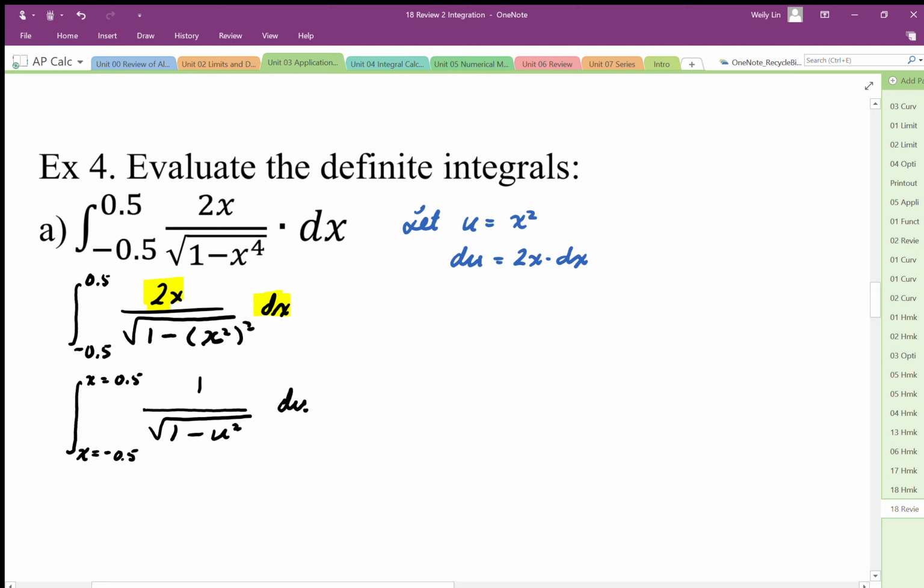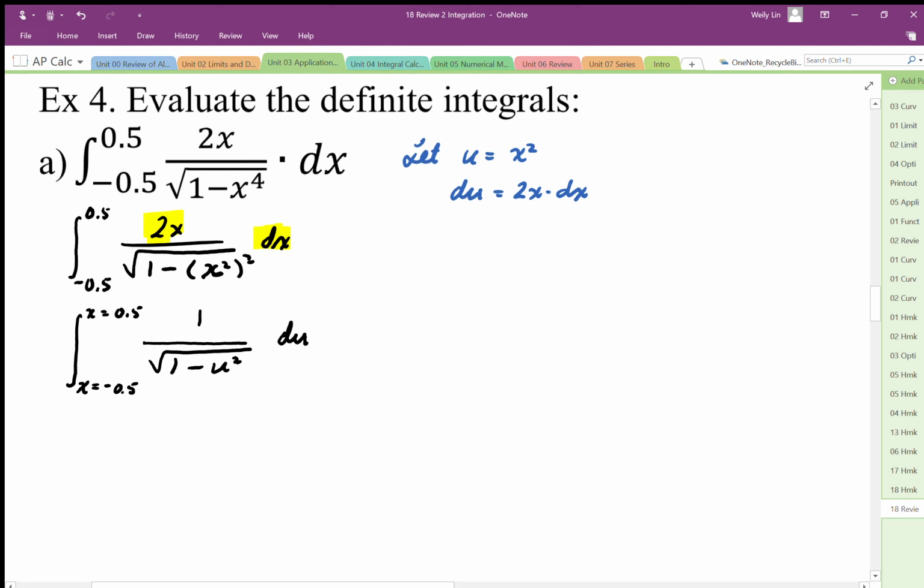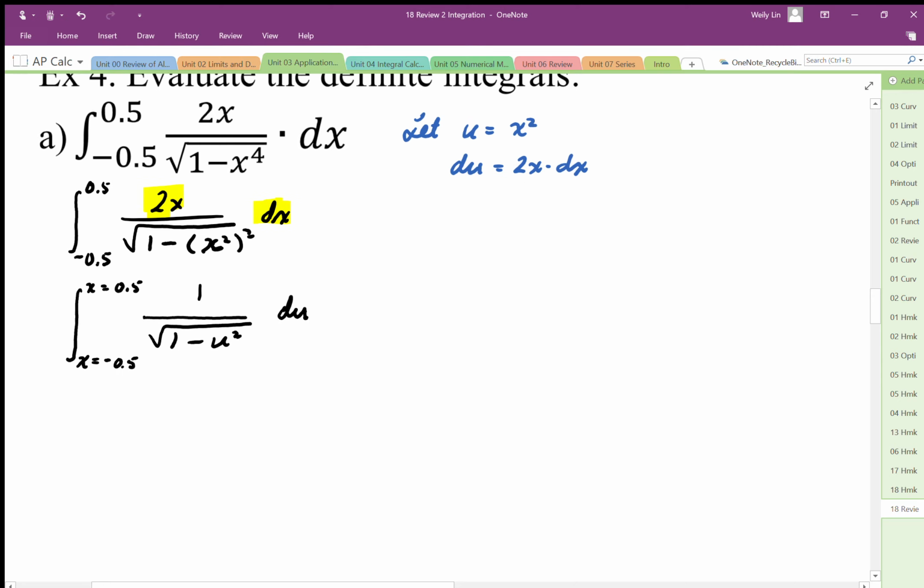And so now I can evaluate this antiderivative. So undoing this, I get arcsine of u, and I'm going to evaluate this from x equals negative 0.5 to x equals 0.5.